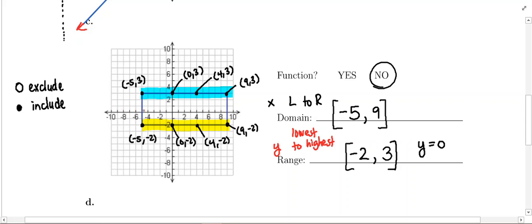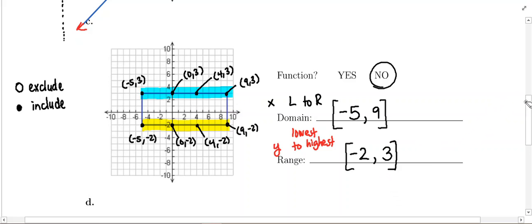Well, right here and right here. This point in red is -5, 0. This point right here is 9, 0. So what you're seeing here is that there are 2 points on the rectangle whose y value is 0. So 0 is a valid output. I just wanted to make sure you understand that. This interval is just picking up all the y values that exist on the rectangle.